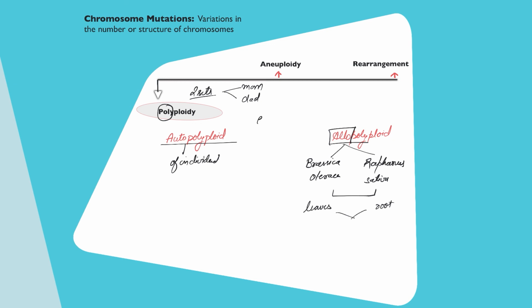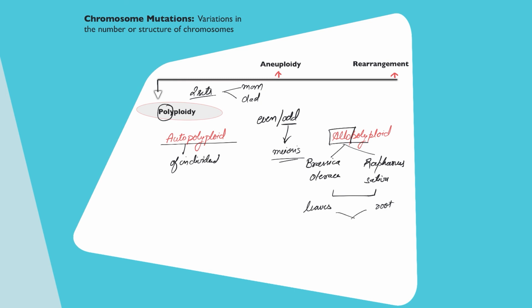So autopolyploids and allopolyploids are such, but there's a key thing that you must understand. If we have even versus odd, so if you have an odd number of sets, this doesn't help us because the odd brings problems during meiosis. It will be problematic to reproduce, right? If sexual reproduction has to be done. But again, we have successfully done this in the case of bananas.